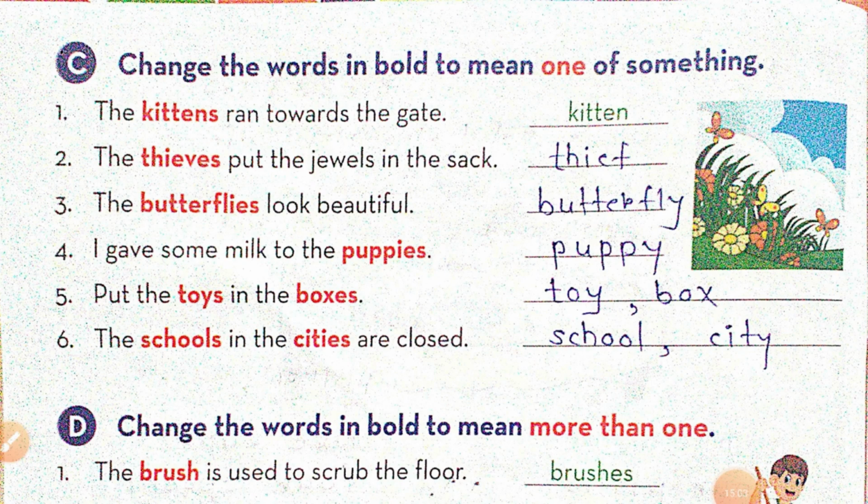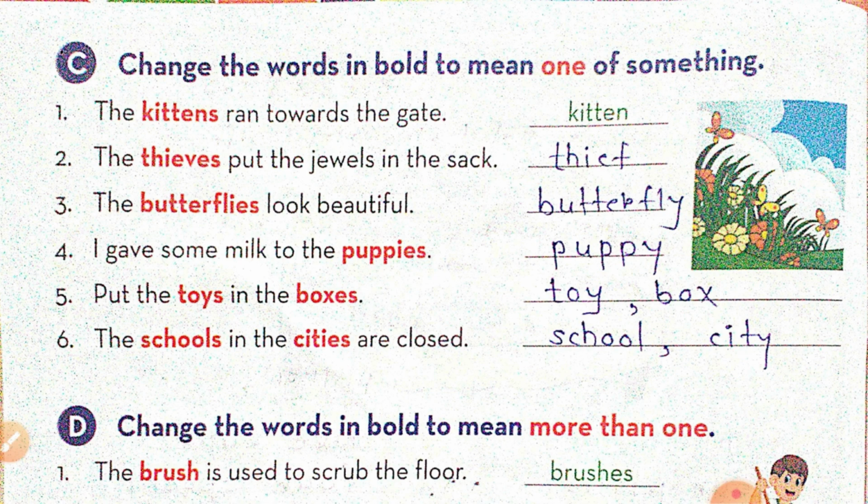See question C. Change the words in bold to mean one of something. The kittens ran towards the gate. C. The nouns which are written in red color, these nouns you have to convert in singular. The kittens. It's a plural form.